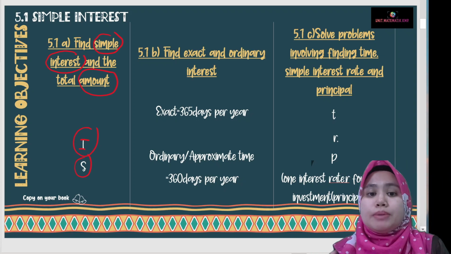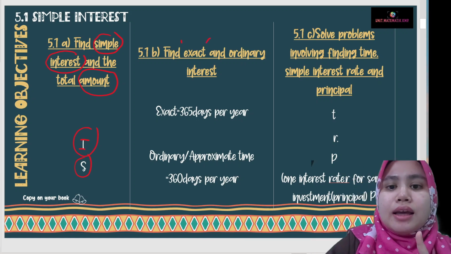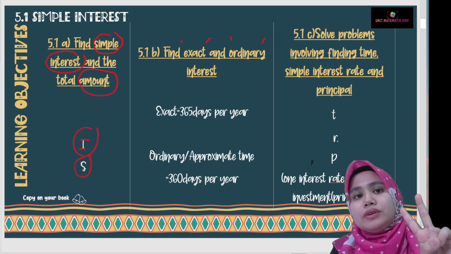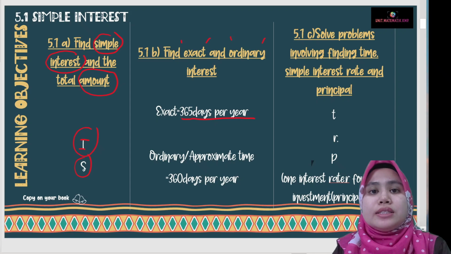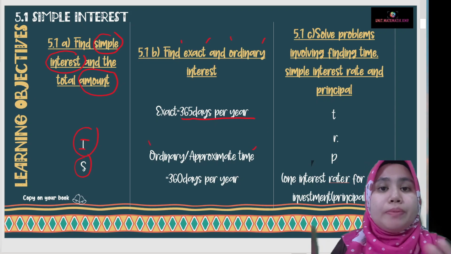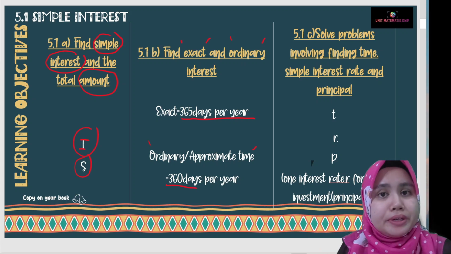Number 2, you have to know how to find exact and ordinary interest. Here you will have 2 different things. Exact means you will use 365 days. For ordinary, or we call it approximate time, we will use 360 days per year.